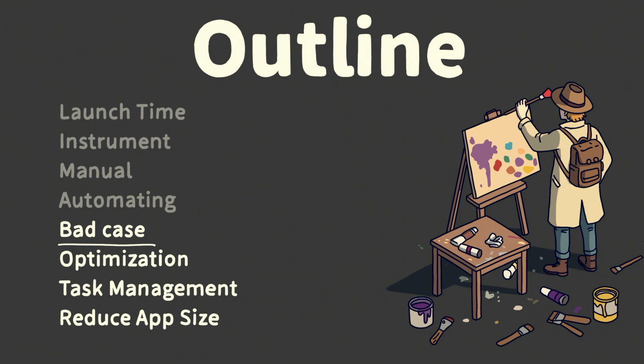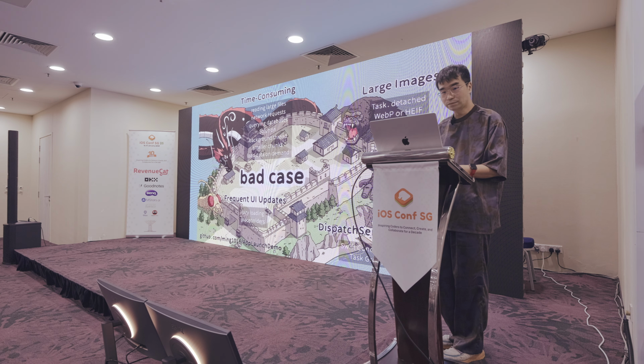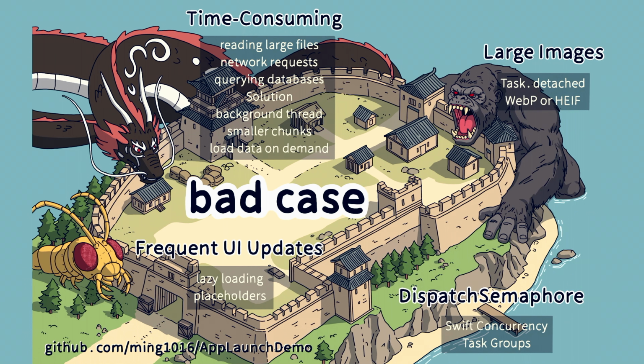From what we've covered so far, we know how to identify where startup time is spent. There are a few common issues that can impact launch time, as shown in the image.